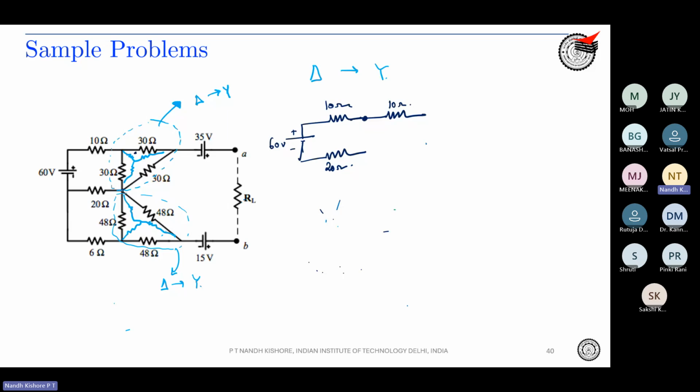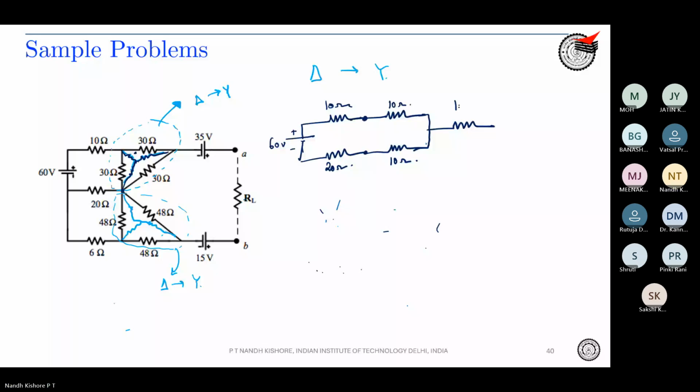From the terminal of 20 ohm, you see there is this particular resistance, so again you'll be getting 10 ohm over here. This and this are meeting. And from here there is this resistance, which is again 10 ohm.